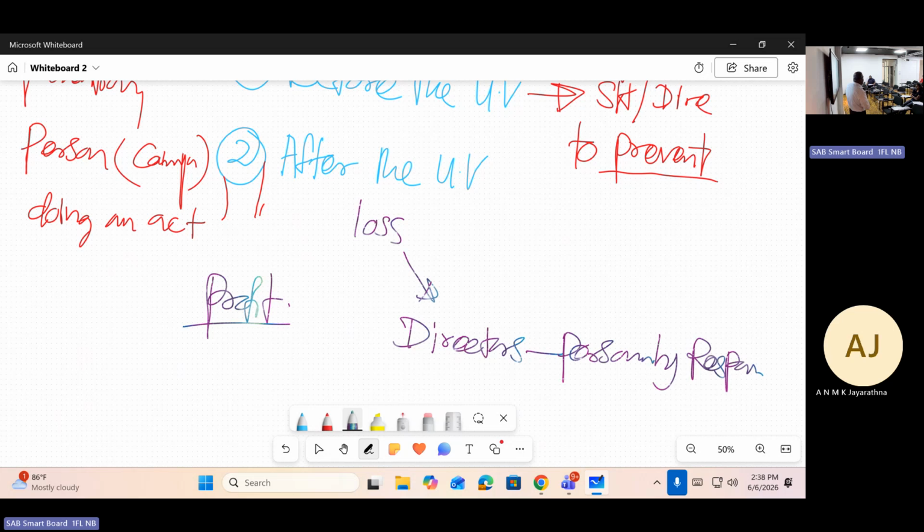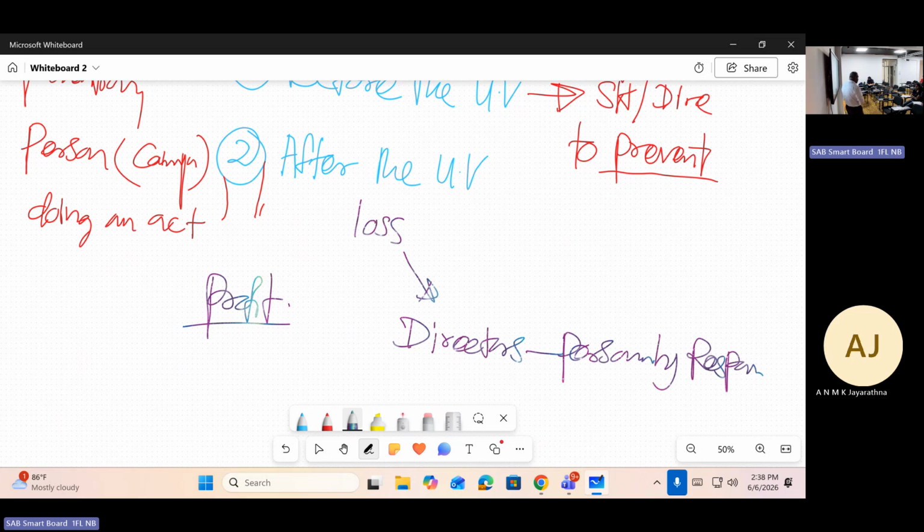So the choice is given to whom? By section 17(2), the choice is given to the directors. If they wish, even though this is an ultra vires transaction, if the company can make a profit, they can. The freedom is given to the directors to engage into that transaction.